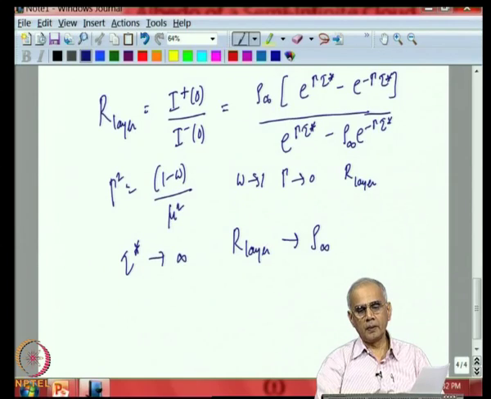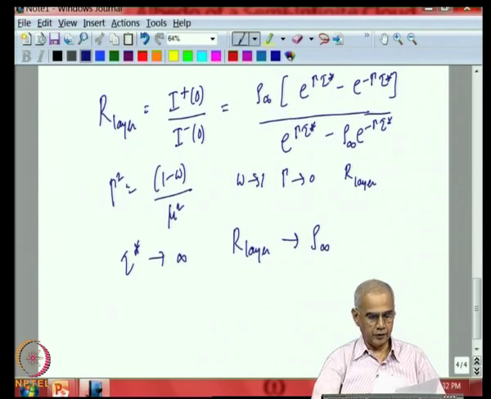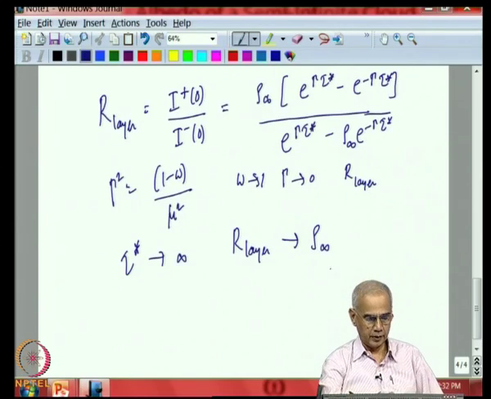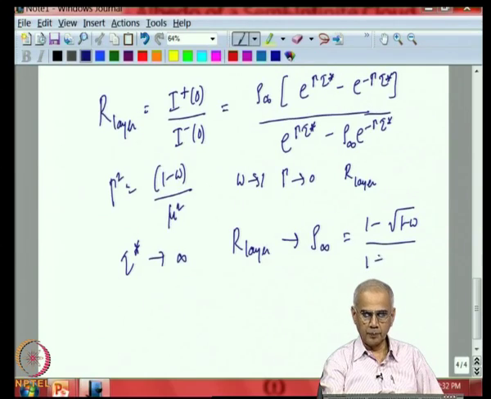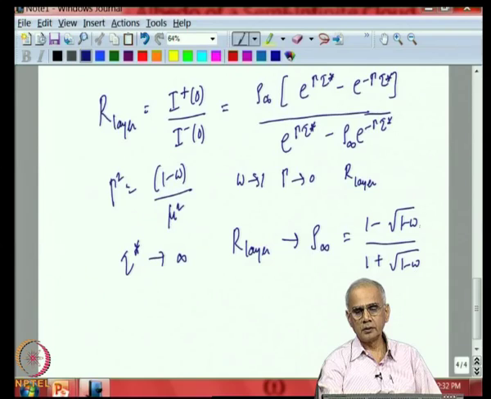We define rho infinity, if you recall, in terms of the single scattering albedo, which is nothing but 1 minus root of 1 minus omega by 1 plus root of 1 minus omega. So, if single scattering albedo is 1, rho infinity tends to 1.